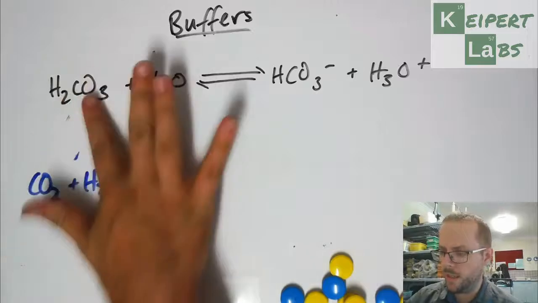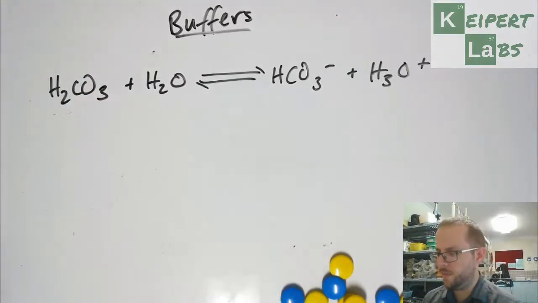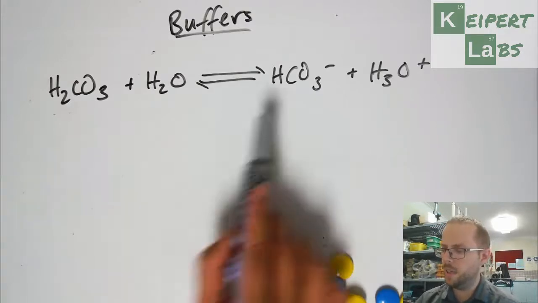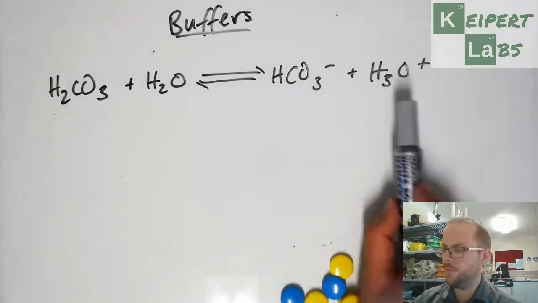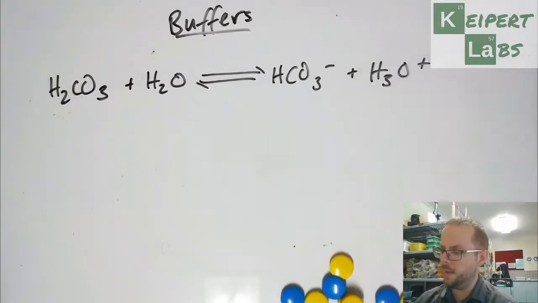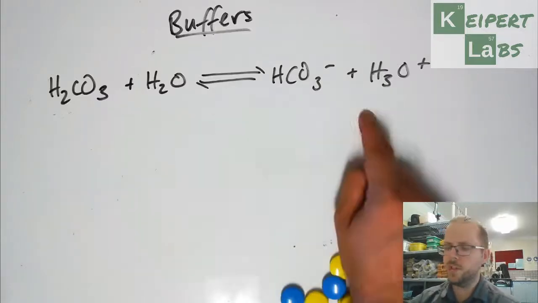So what happens, I'll just take that out for the moment. Just like we could see before, if we've got particles of H2CO3 and HCO3-, then if the system becomes too alkaline or too basic, that is, if levels of hydronium have dropped, then it's going to shift to the right to replace it.